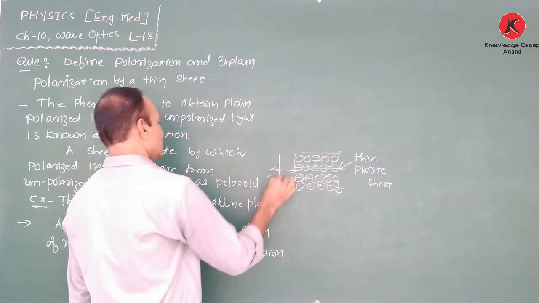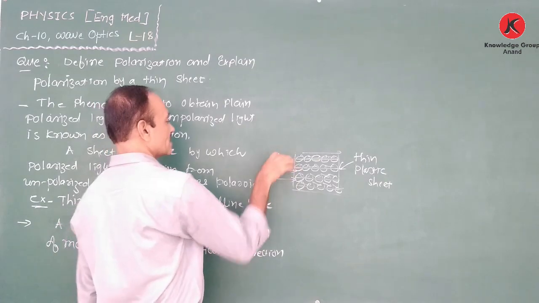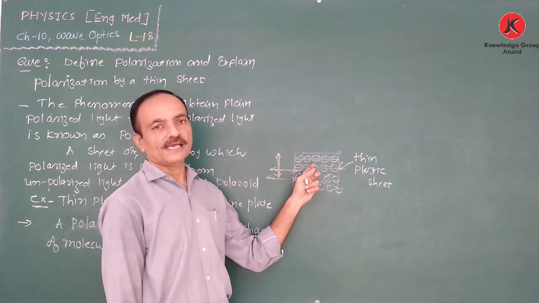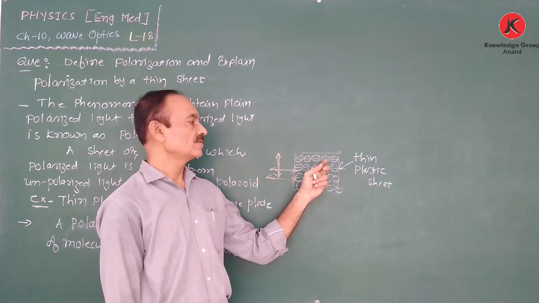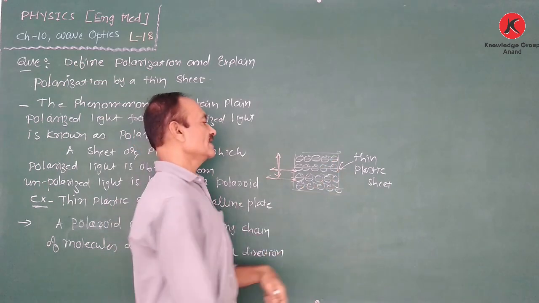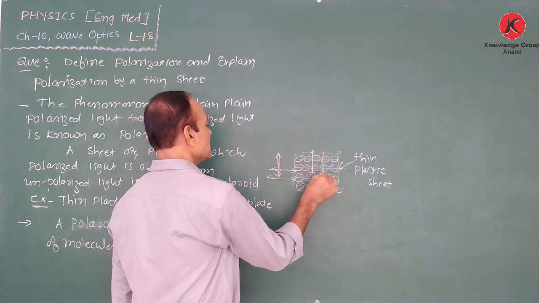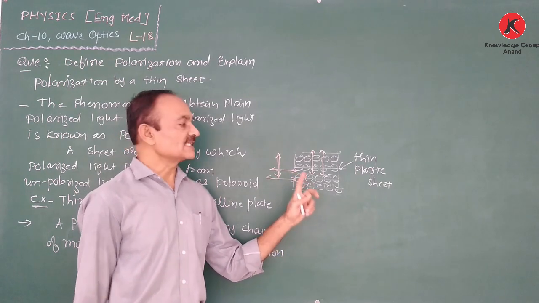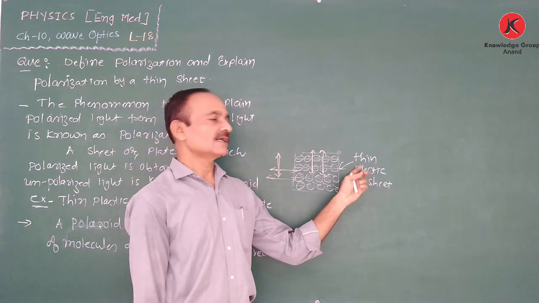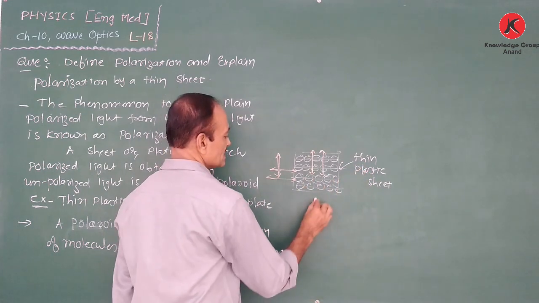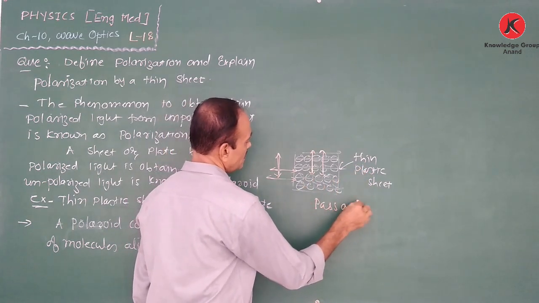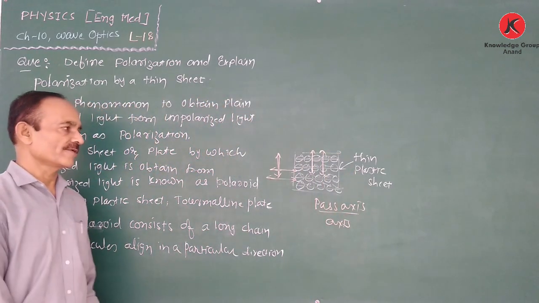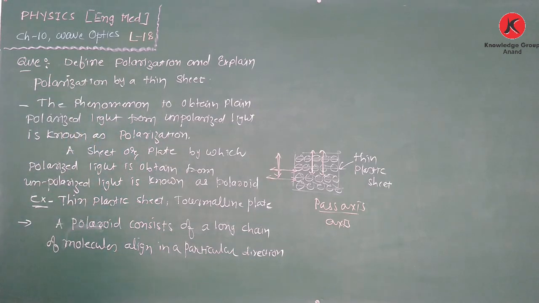While when the electric field vector oscillates perpendicular to the direction of the aligned molecules, like this, it can easily pass through the thin plastic sheet. So this direction of the sheet is known as the pass axis, or the axis of the polaroid.